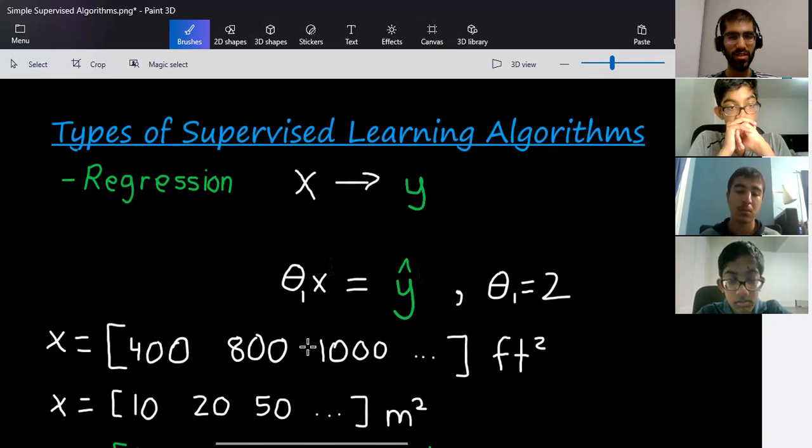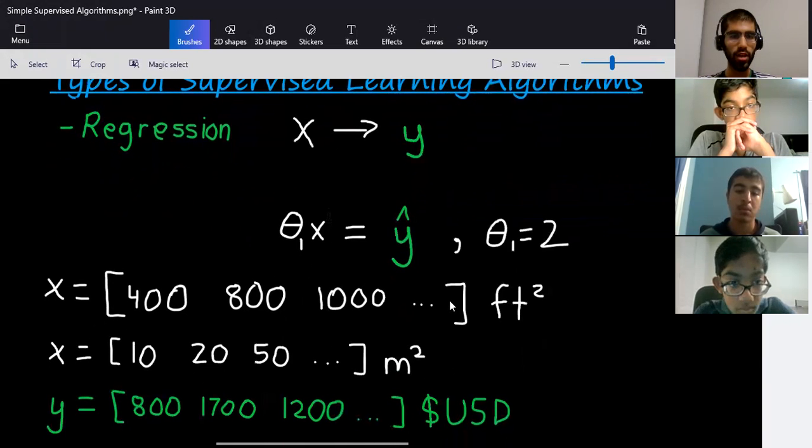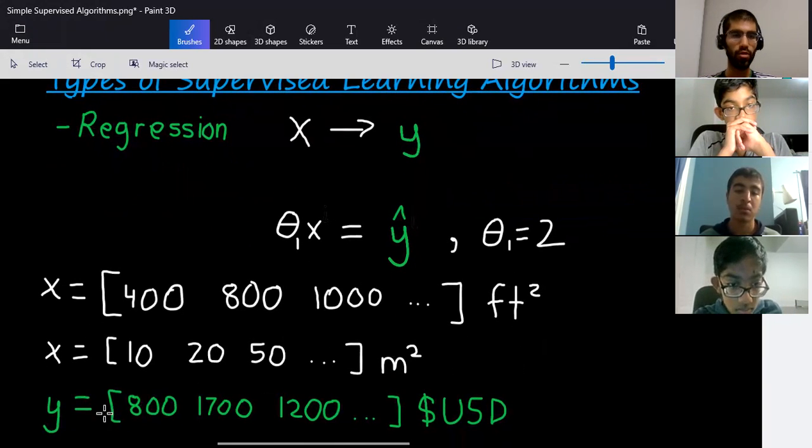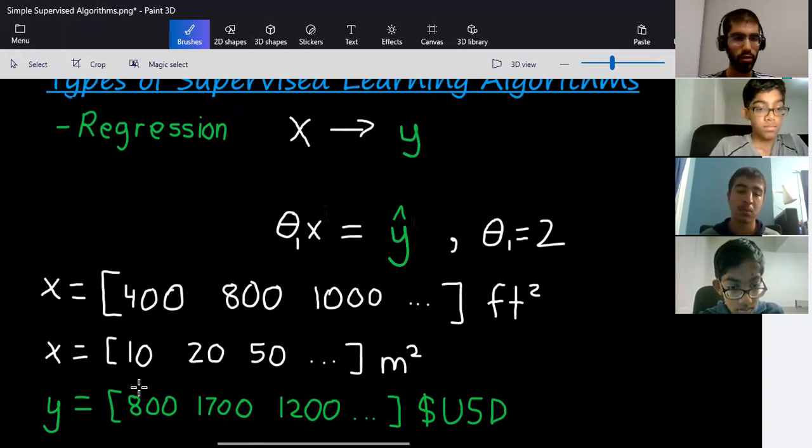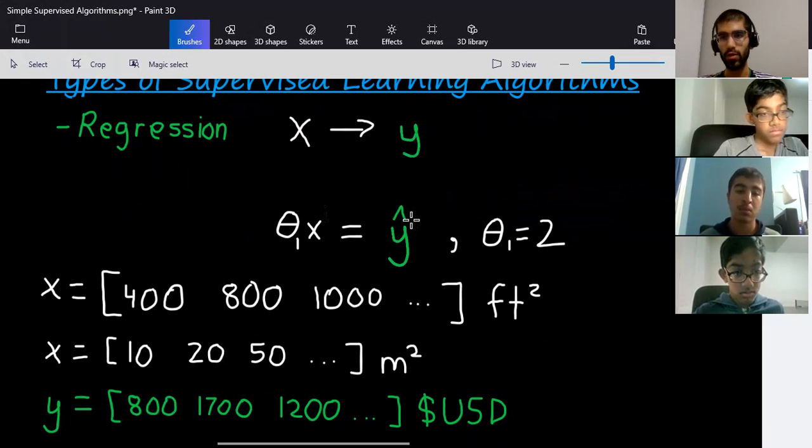Now, you can take input data like this, that's the X, multiplied by some number like 2, and then you'd get out your y hats or your predictions of what the y value should be. So these are the actual y values. Maybe you're predicting the monthly rent for the house.